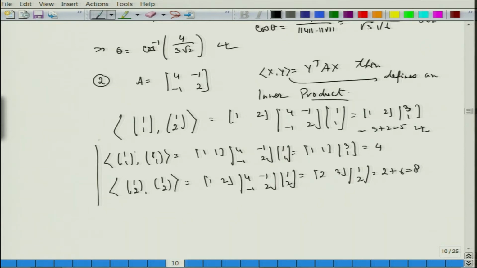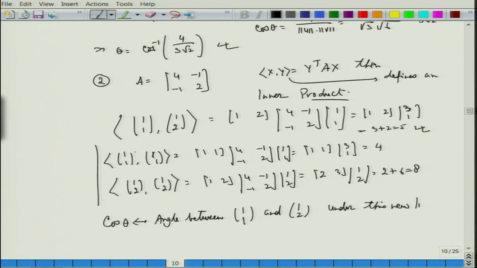So therefore, in this case, cos theta, which is the angle between 1 1 and 1 2 under this new inner product, equals the numerator from here, 5, divided by the square root of 4 and the square root of 8, which is same as 5 upon 2 into 2 root 2, that is 4 root 2.